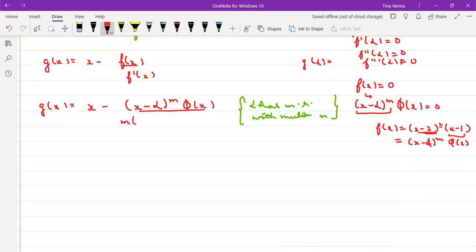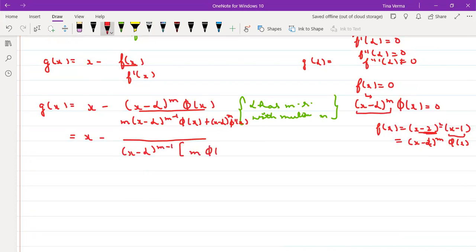The derivative will be m(x minus alpha)^(m minus 1) phi of x as it is, plus (x minus alpha)^m as it is times the derivative of phi, that will be phi dash x, right? So I can take (x minus alpha)^(m minus 1) common from this. I will be left with m phi of x plus (x minus alpha) phi dash x, this is the quantity, and the numerator is (x minus alpha)^m phi of x.